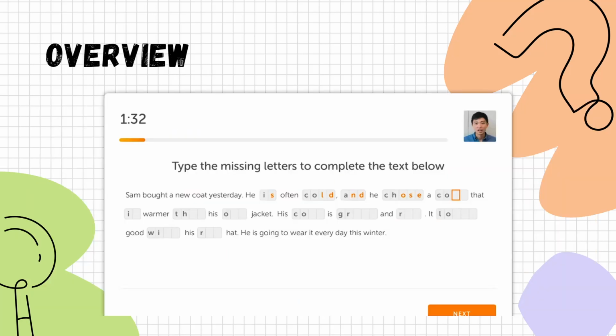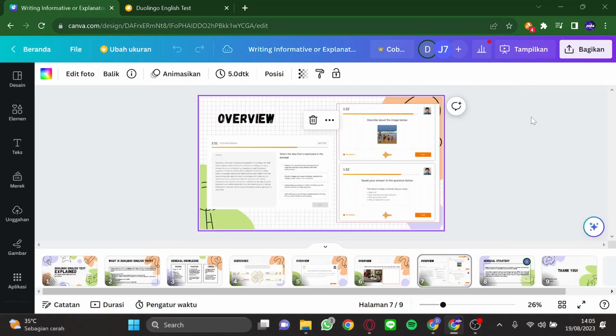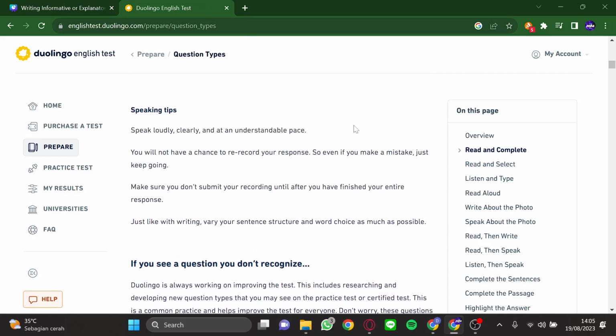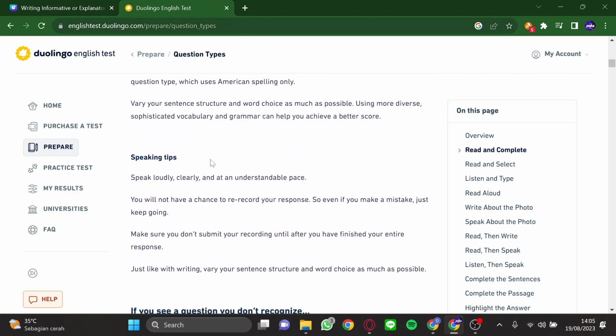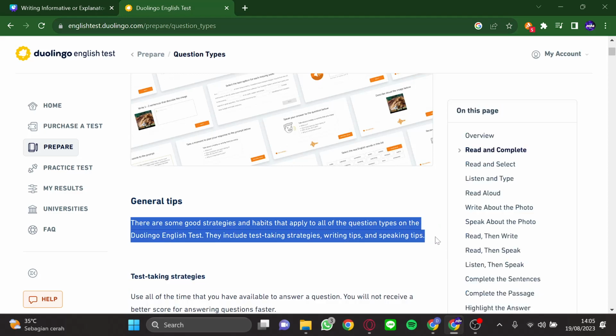Next is the overview. I have already put a slide on, but I will actually give you a more vivid and detailed explanation about the question types. First is the general tips. This is important. There are some good strategies and habits that apply to all of the question types on the DET.